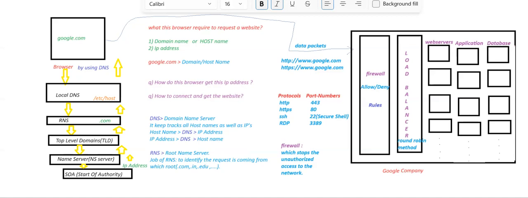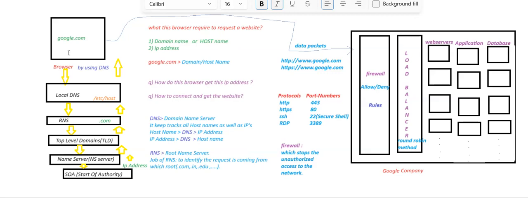I hope now you have a clear idea of how, whenever you open a browser and enter a domain name or host name, the browser gets the IP address from DNS.